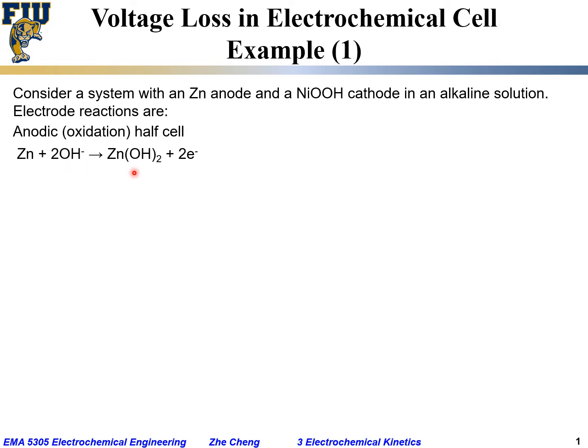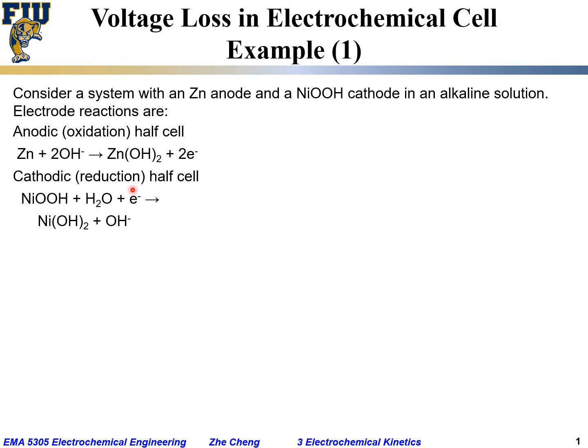Then the cathodic or the reduction half cell reaction on the nickel side electrode would be for nickel oxide hydroxide to combine with one water molecule and one electron to form nickel hydroxide and generate an OH group or hydroxy group.